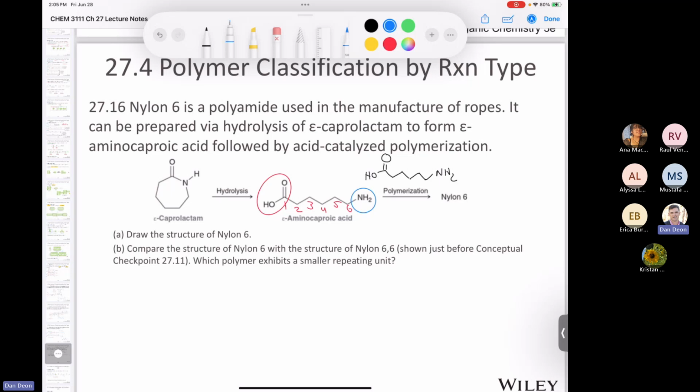So we're going to get a condensation reaction right here, and then we're going to form an amide. So that's going to be the repeating unit.